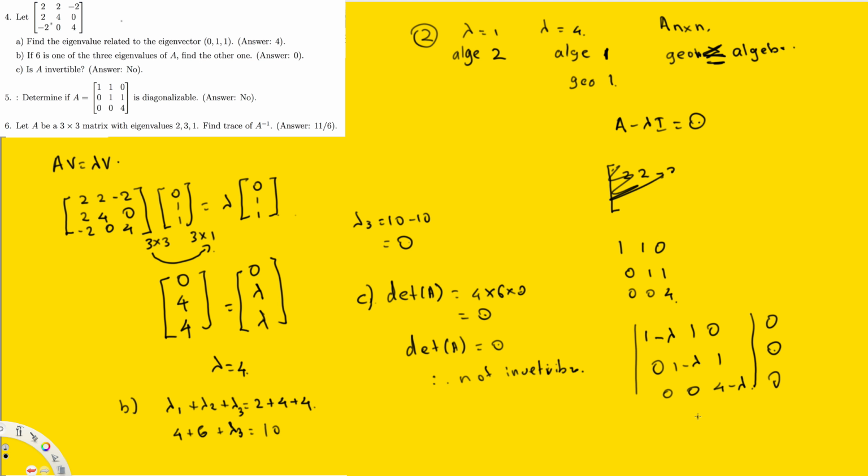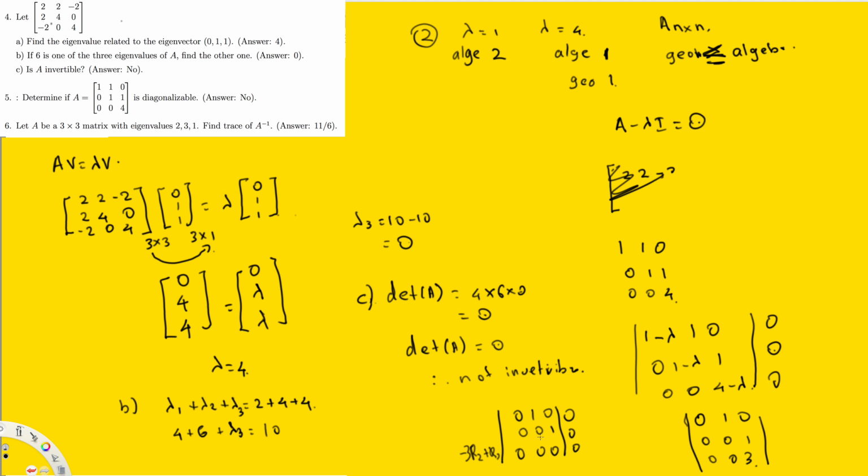So 0, 1, 0, 0, 0, 1, 0, 0, 3, and we can eliminate the last one by multiplying the second row by minus 3 and adding it to the third row. Minus 3 R2 plus R3 gives us a 0 row, and the other sides are all 0.